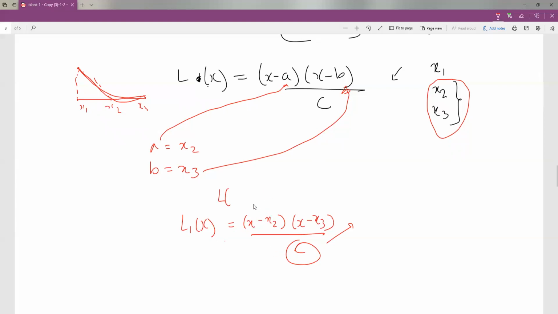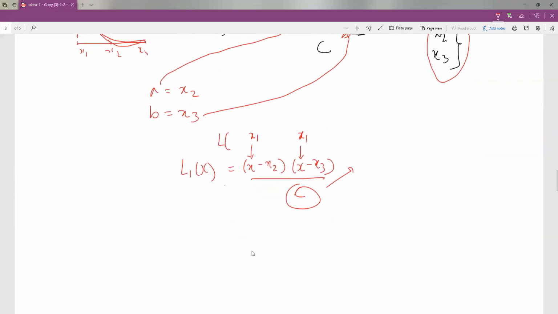So if we evaluate at x equal to x1 and bring this term into the denominator, then the numerator and denominator will get cancelled and it is going to give me unit value 1. So we can write the denominator as (x1 minus x2)(x1 minus x3), because we want L1 of x equal to 1 at x equal to x1.